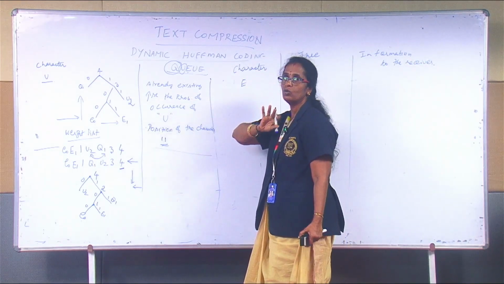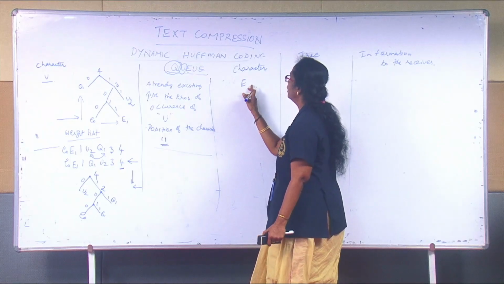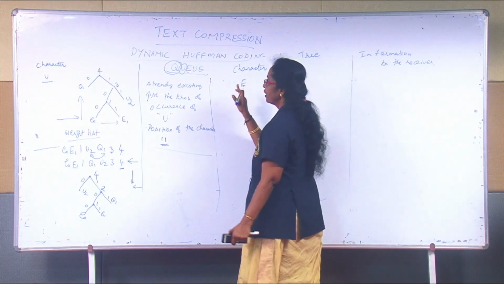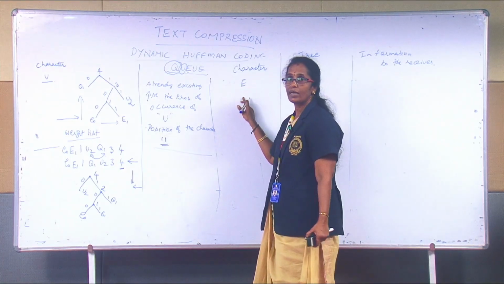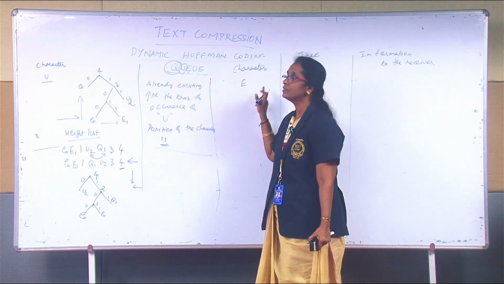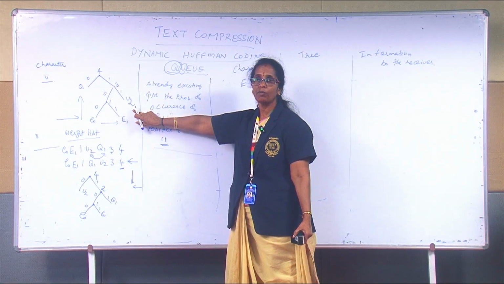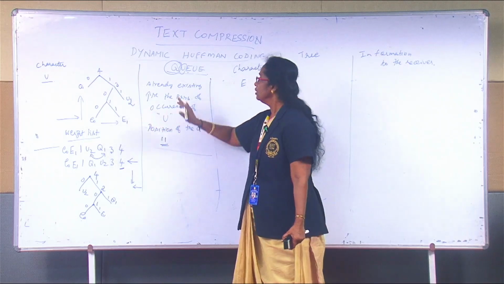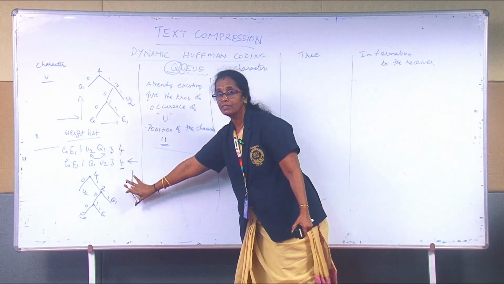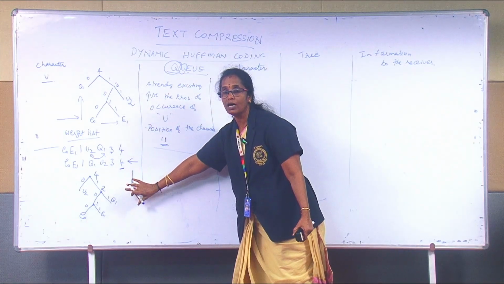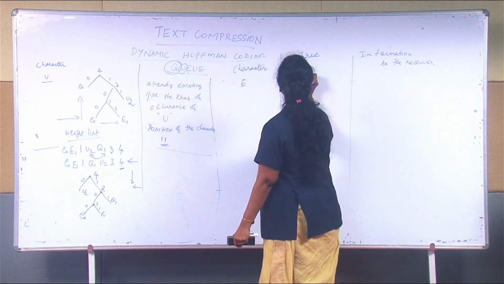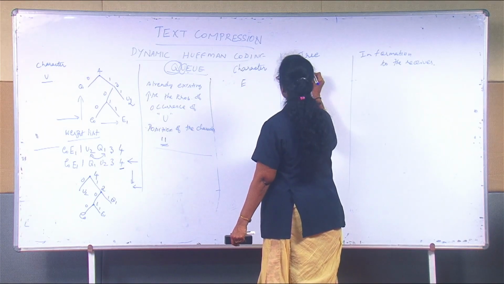Binary string alone is transmitted, nothing else. Therefore, the character is E. And whether it is a new character or an already existing character, it is an existing character. Therefore, what will you do? You will simply increase the probability of occurrence of that character. Therefore, you redraw the updated tree. Be clear, you redraw the updated tree. Therefore, I am simply copying it here.